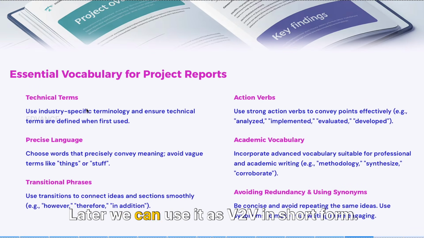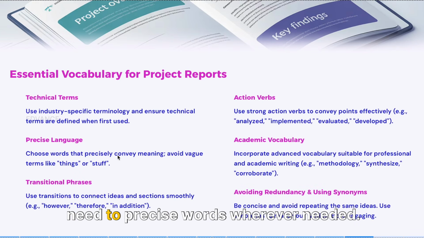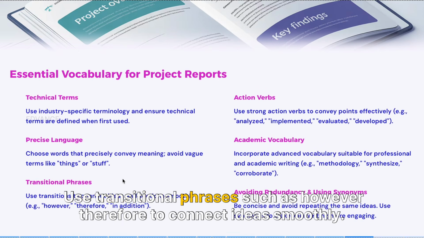Later we can use it as V2V in short form. Next, choose precise words instead of vague terms like things or stuff. Use transitional phrases such as however, therefore to connect ideas smoothly.